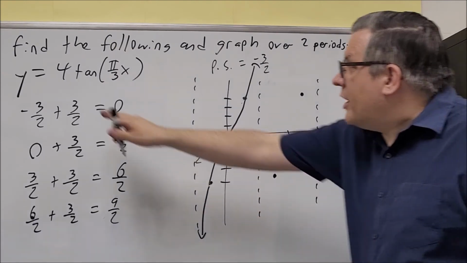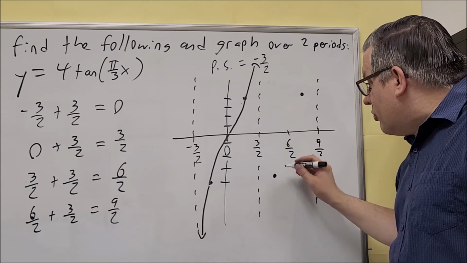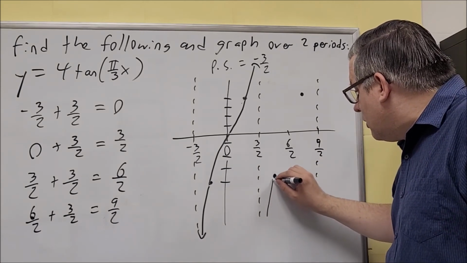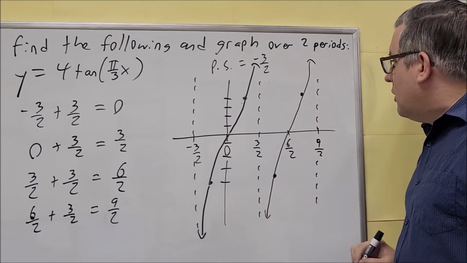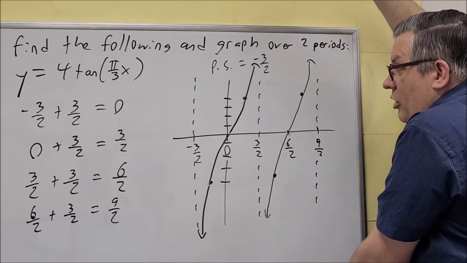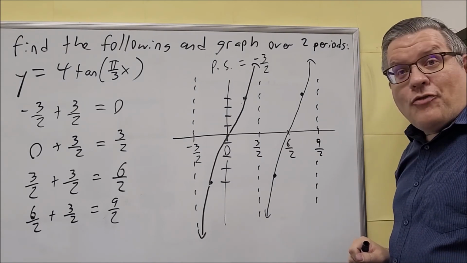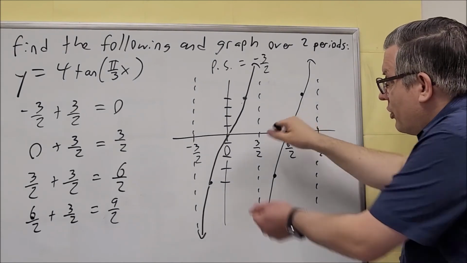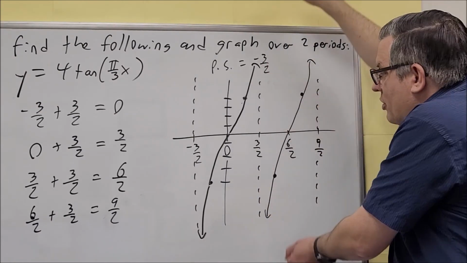So that's what that number out front does. That's the A value, this vertical stretch. It's going to go through there, hit this point, and go up like that. As you can see, these look more stretched out than the original base graph from before. So that's what it does, a stretch vertically.